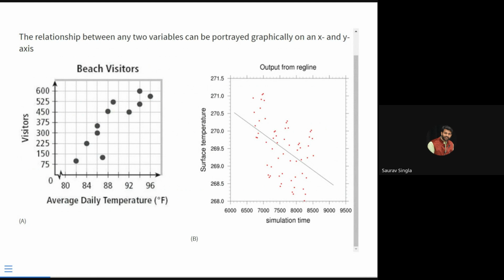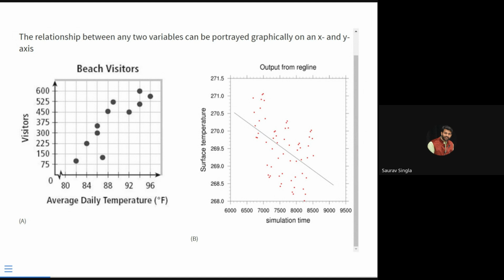Linear relationship means if you are increasing x, one of the variables, assume in this case simulation time is your x, and you are increasing simulation time by 100, then the amount of y getting decreased or increased is also fixed every time you increase or decrease by 100.